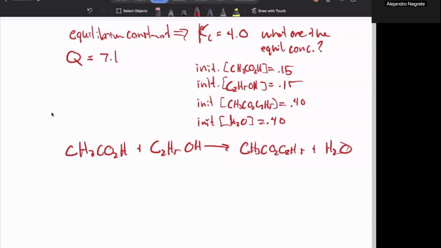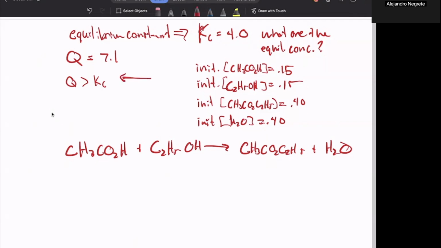So why is this information important? Well, that Q is greater than K sub C. And with Q being greater than K sub C, this reaction shifts to the left.